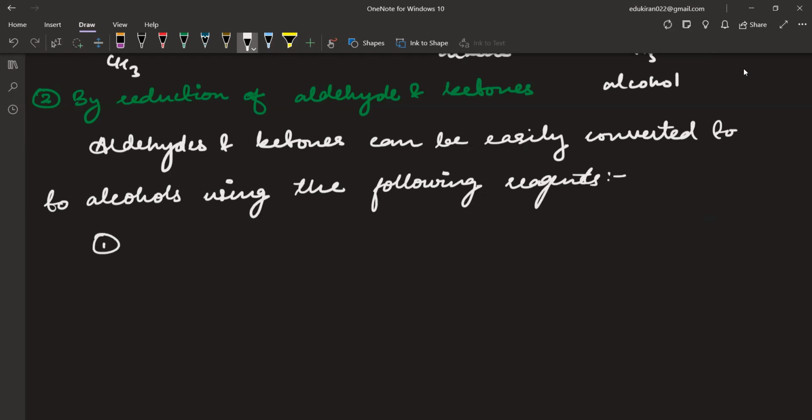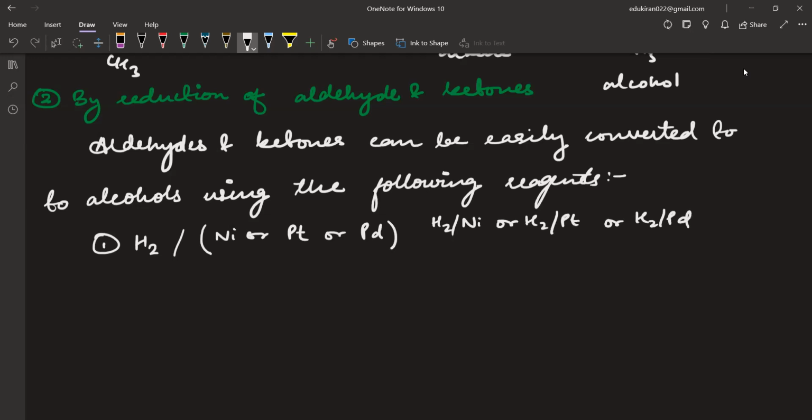Number one is hydrogen in the presence of, we can use nickel or platinum or palladium. So if you have H2 in the presence of nickel, or H2 in the presence of platinum, or H2 in the presence of palladium above the arrow, if anything like this is present, then you are going to do what?